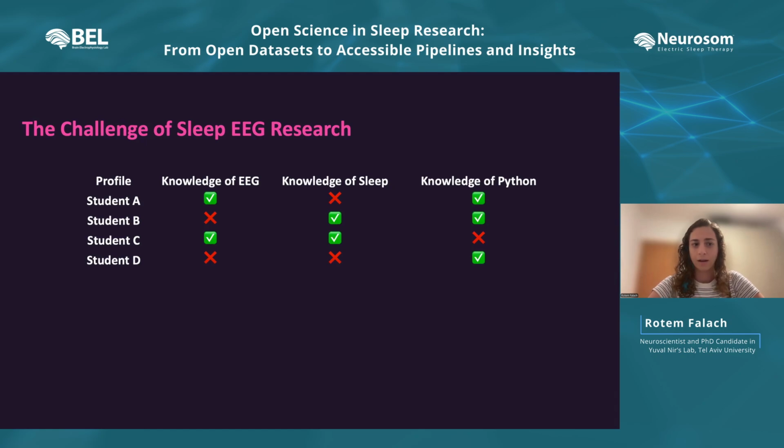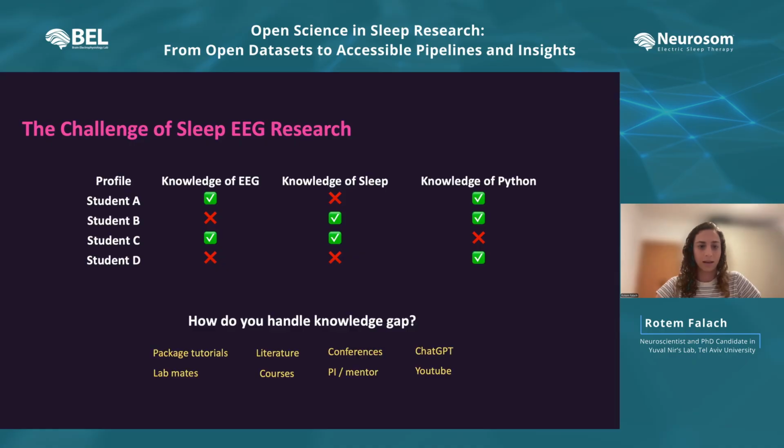And every student in the lab has a different background, right? It's pretty common in academia, different gaps for each one of us, and everyone goes through another path. And we have many options for how to deal with these gaps. We can take courses, we can use tutorials, we can ask our friends, our mentors, PIs.